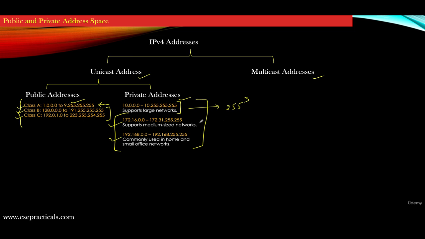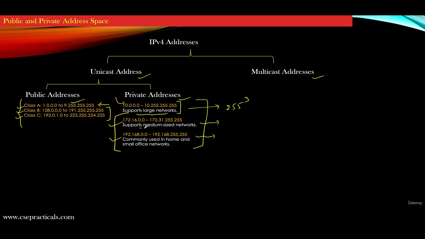Similarly, you can also compute the size of the other two ranges. You can notice that this range is the biggest, and therefore the 10 series of IPv4 addresses is generally used for designing large private networks.